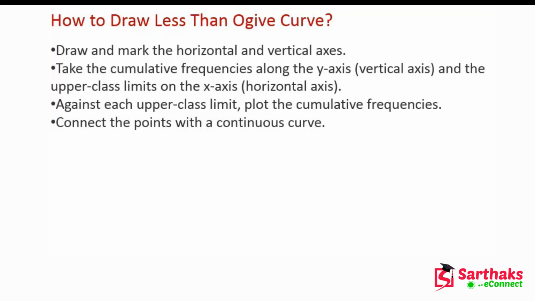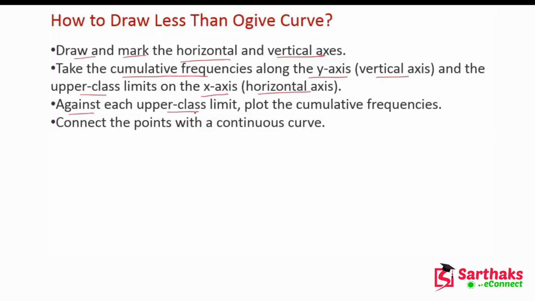First of all, we have to draw and mark the horizontal and vertical axes. Now take the cumulative frequency on the y-axis, meaning the vertical axis, and the upper class limit, meaning the observation limits, on the x-axis, meaning the horizontal axis.